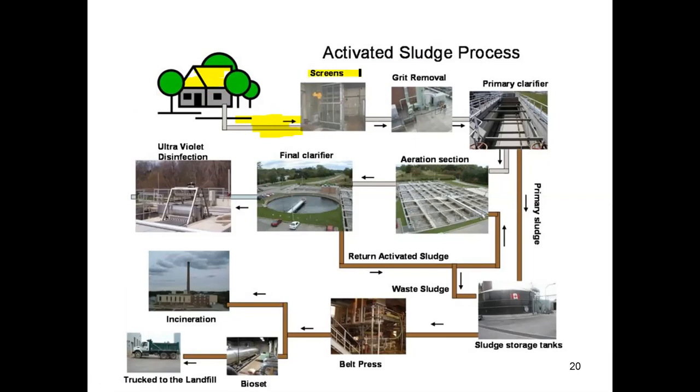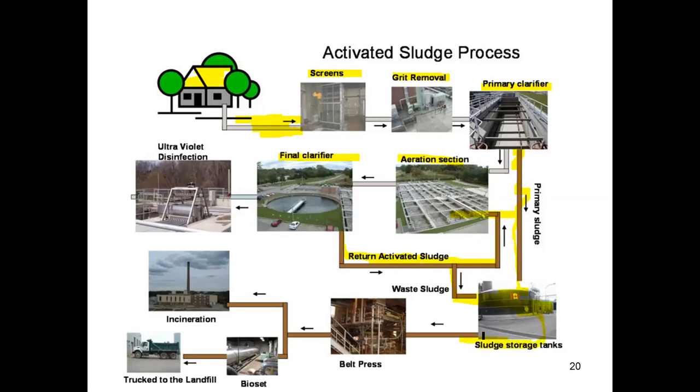Then the first unit operation is screening, the second one grit removal, then there's a primary clarifier, aeration tank, then secondary clarifier. Then you can see the return activated sludge. Activated sludge is recycled to the aeration tank, and a part of the sludge is sent to the sludge settling system. Here the primary sludge is also coming to the sludge storage tank.